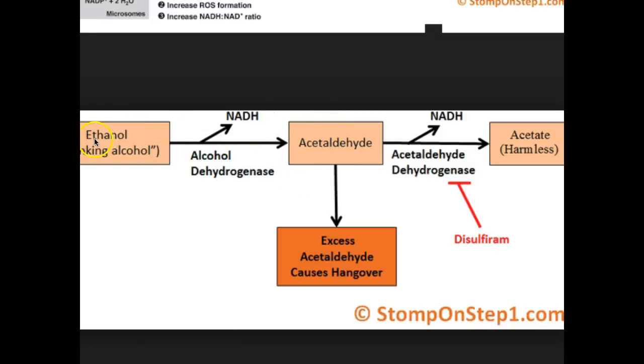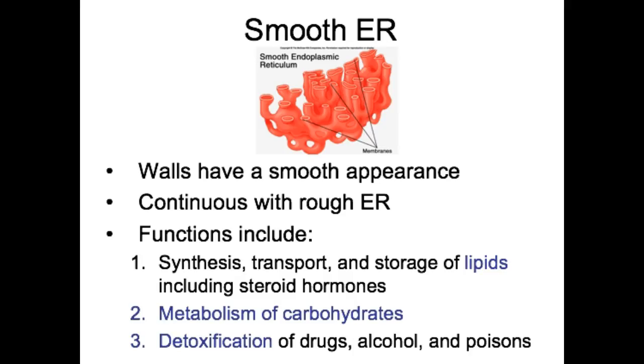In this case, we modify ethanol into acetaldehyde. And then at another point, we modify it into acetate, which is harmless to our body. And then we can get rid of this. We can urinate this out, essentially. So pretty cool. Smooth endoplasmic reticulum, especially in the liver, is where this is taking place. Your liver cells are going to have plenty of endoplasmic reticulum.